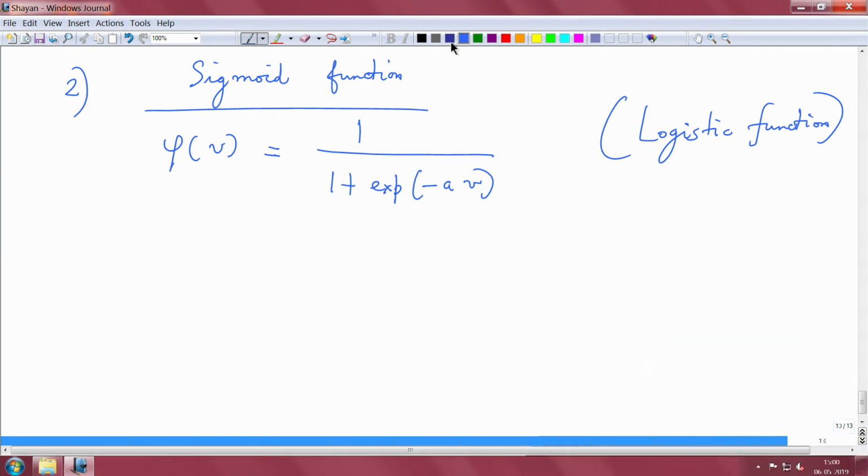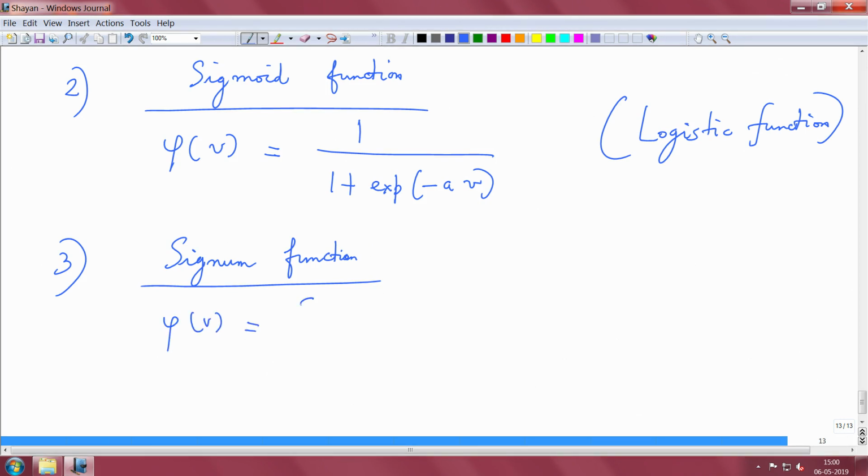One can think of other functions for activation. This is the signum function. The signum function is 1 when v is positive, 0 when v equals 0 because 0 does not have a sign, and minus 1 when v is negative.